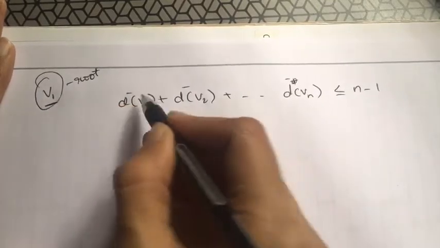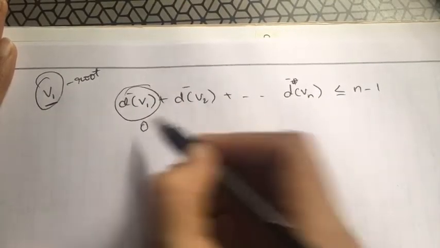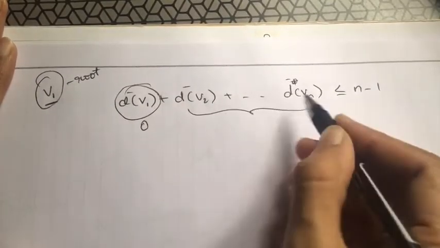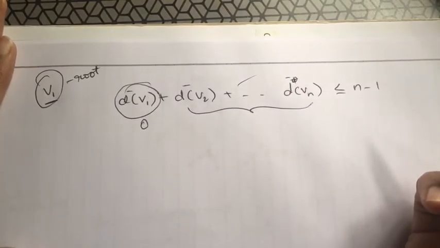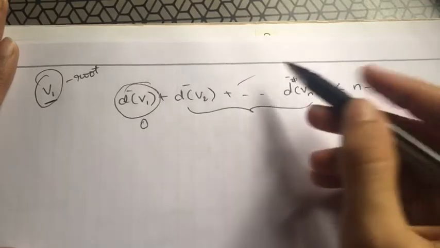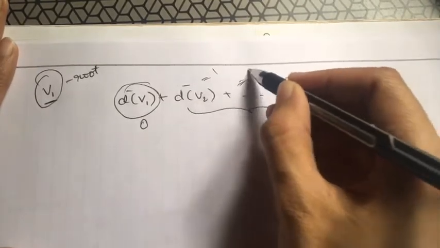If v1 is the root, then this entry is 0, and these values must be positive integers, and they must all be equal to 1.